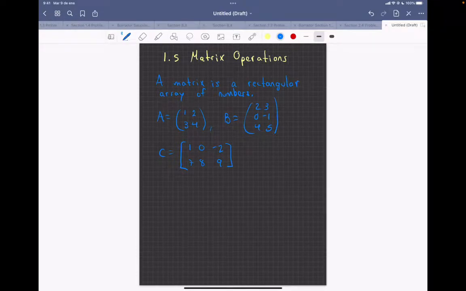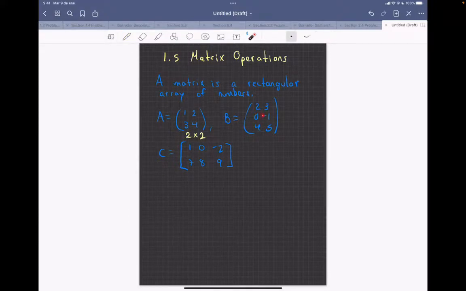Something important about matrices that I have talked about before is the size of the matrix. Remember that the size is measured by the number of rows and then the number of columns. For example, this one has 2 rows and 2 columns, so we said that this matrix has size 2 by 2.